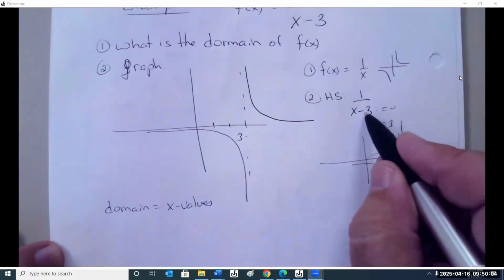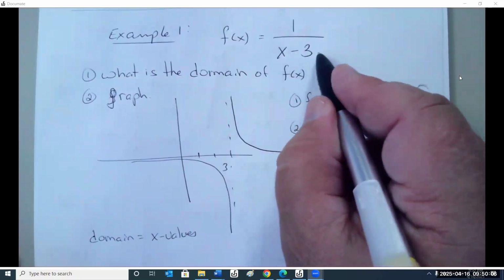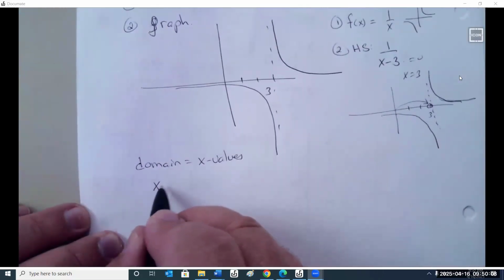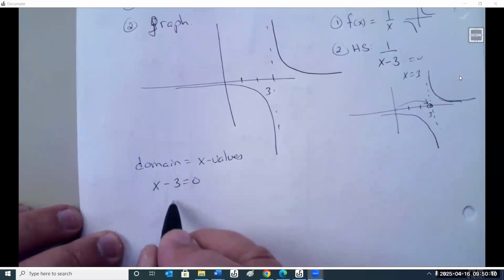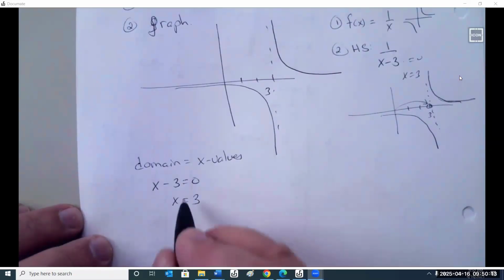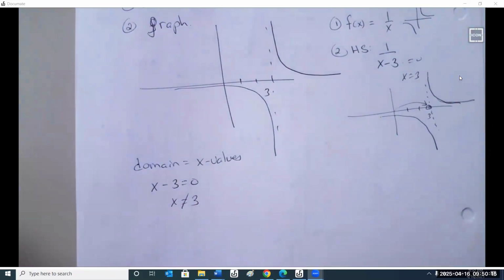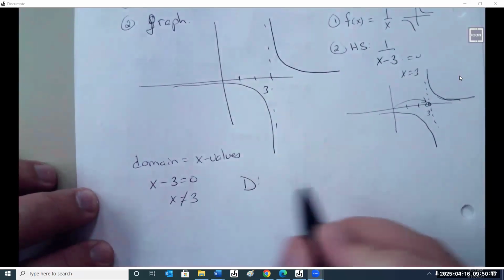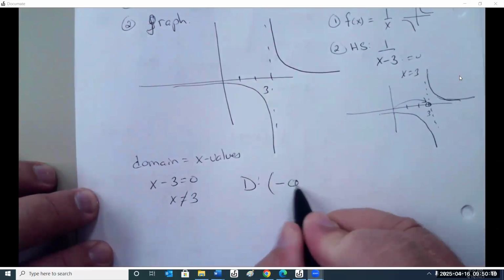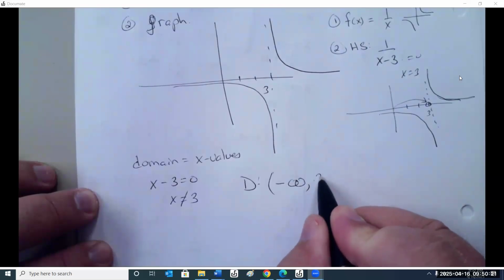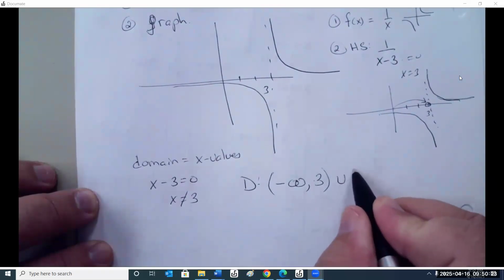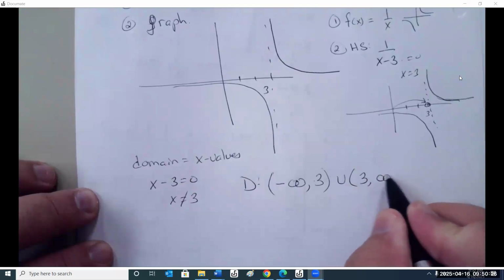Yeah, we cannot, because 3 makes the bottom equal to 0. So we take the denominator, set it equal to 0. That's the only one we can't use. So our domain is from negative infinity to 3, and then union 3 to positive infinity.